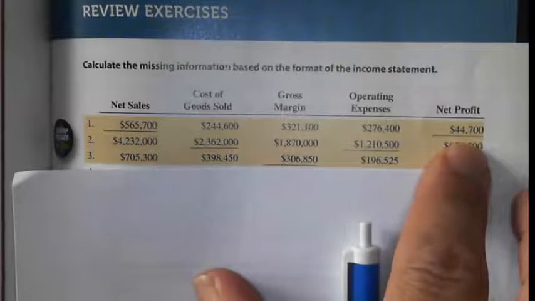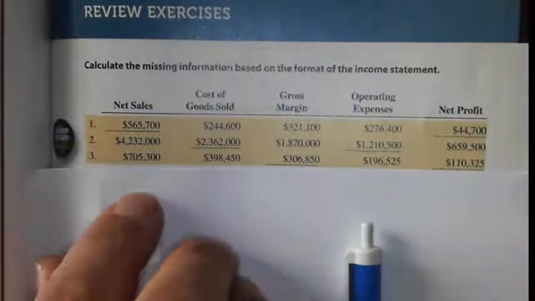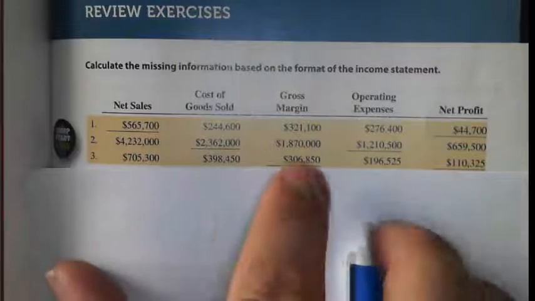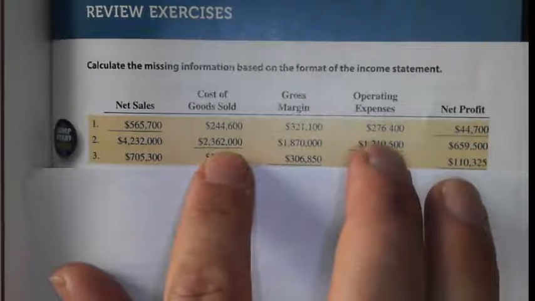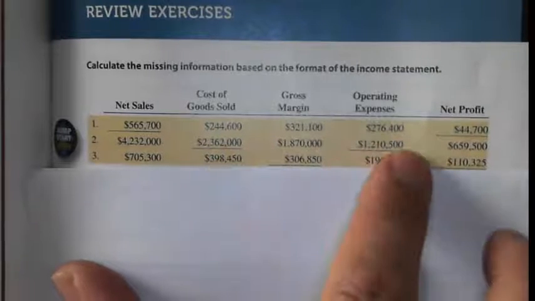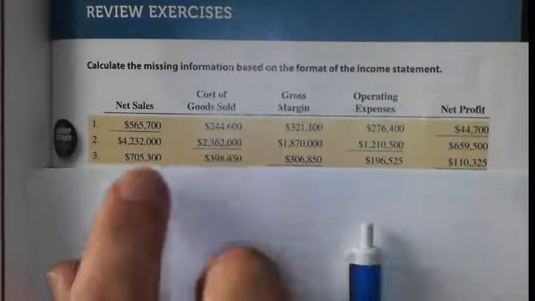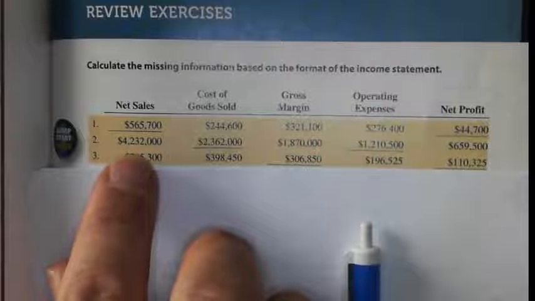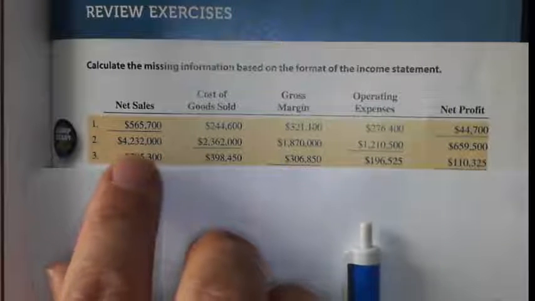Okay? And again, as you're looking at the various information, in this particular example, number 2, you're looking for the cost of goods sold and your operating expenses. So again, you're just moving your data around by subtracting what you need to.